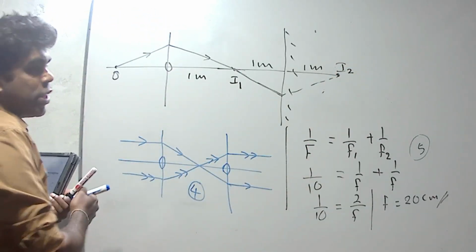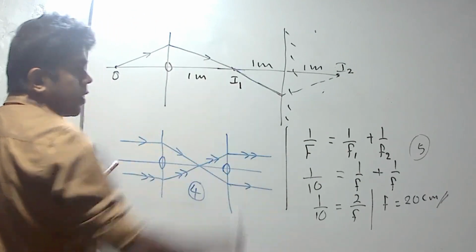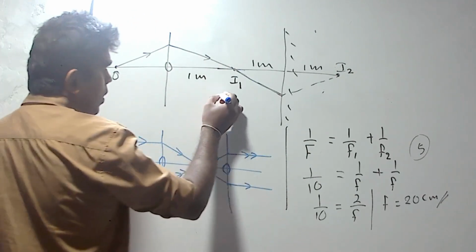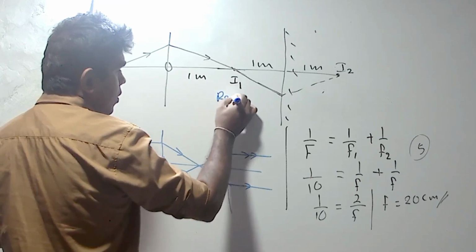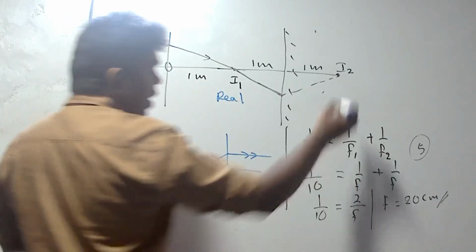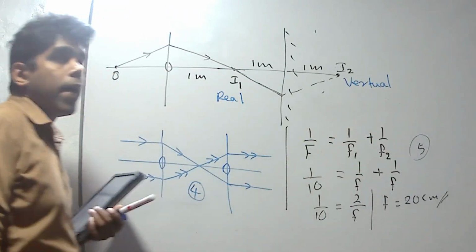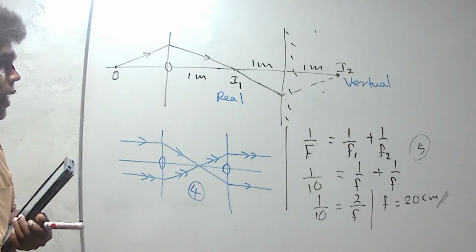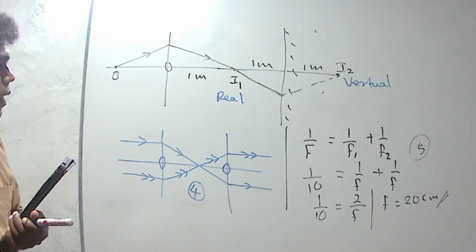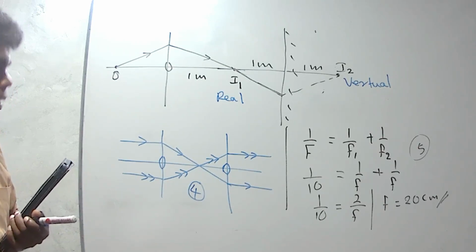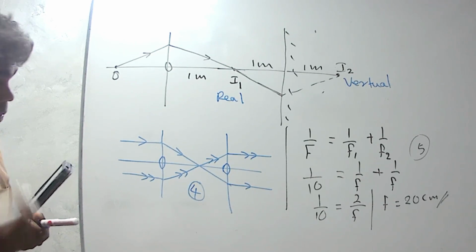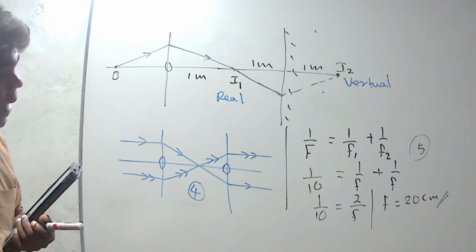The image 1 is passing rays directly. Therefore, this is a real image. This one is a virtual image. We can get image formed by the plane mirror to a point, to a plane.